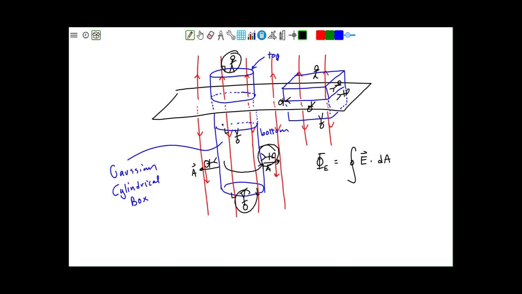To do that, we are going to use Gauss's law, because Gauss's law says that for closed surfaces, the electric flux through a closed surface is directly proportional to the amount of charge contained within the surface.